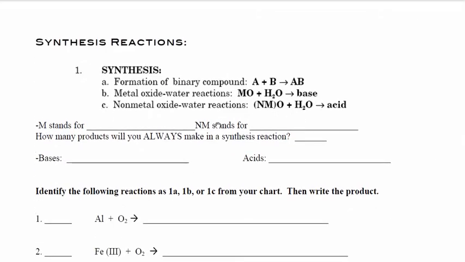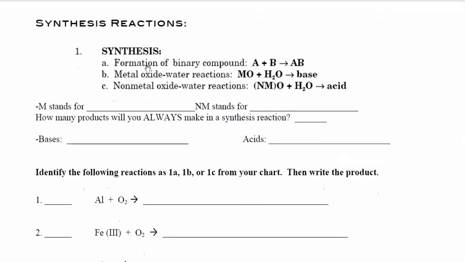For synthesis reactions, I'm going to go through these pretty quickly. You've got 3 different types. You've got the typical A plus B gives you AB. You've got a metal oxide, so for example MgO, that reacts with water. And remember that the formula for a base is going to just be your metal crossed with OH.